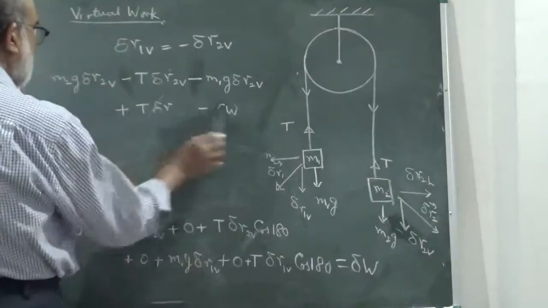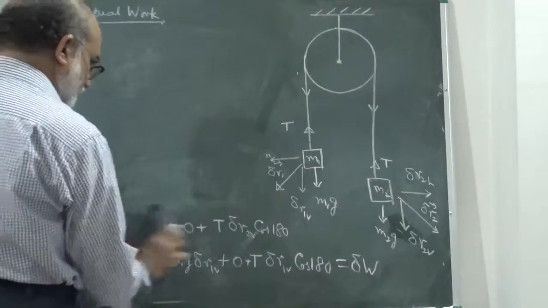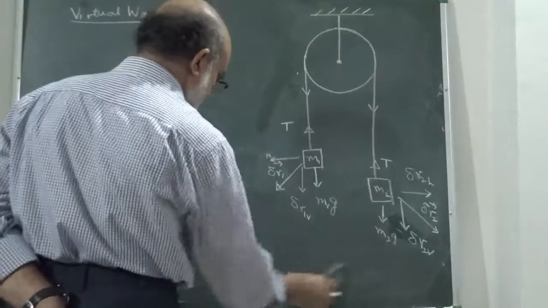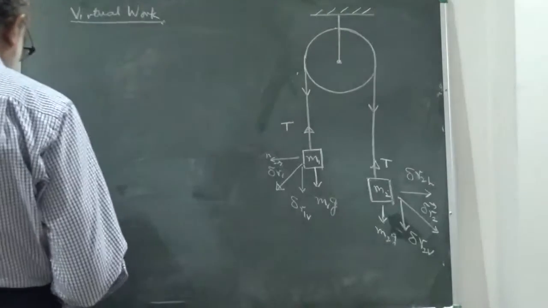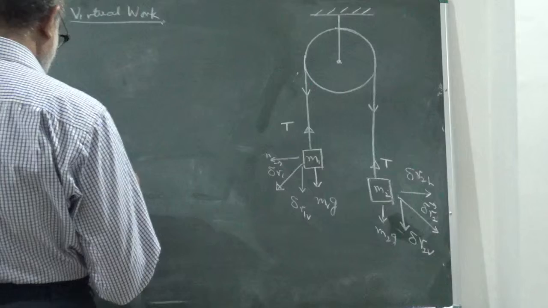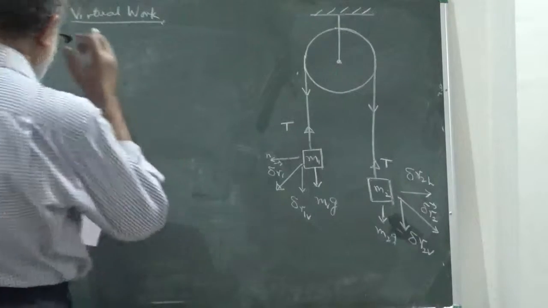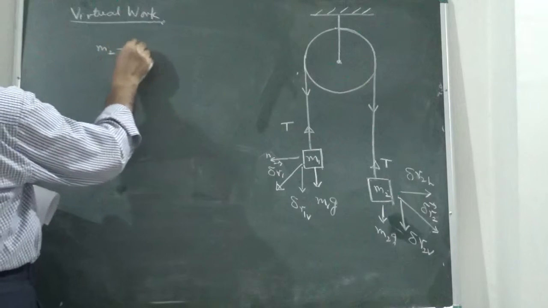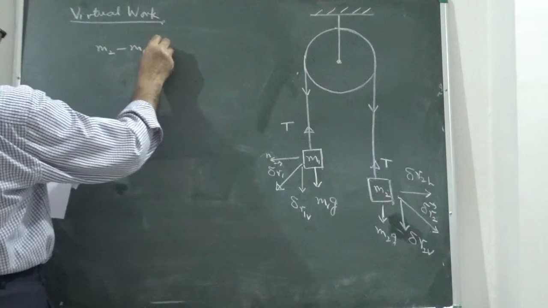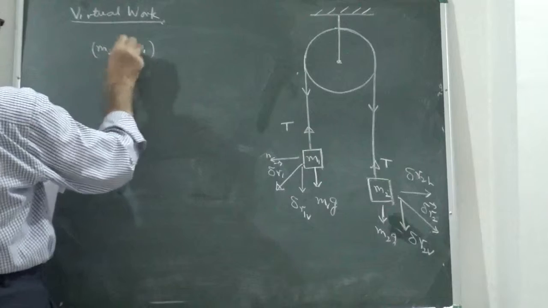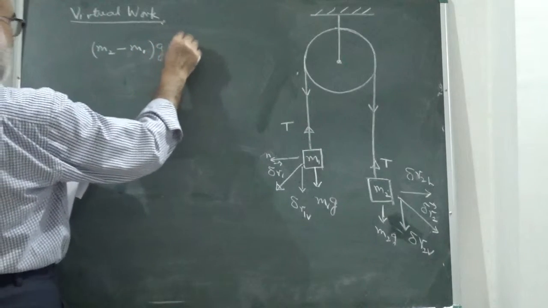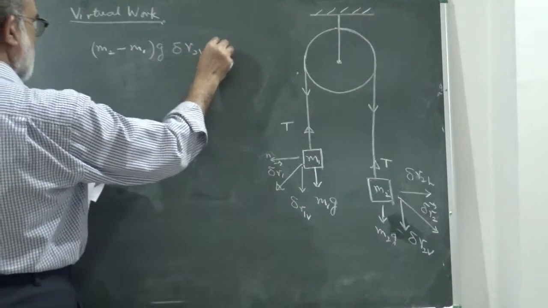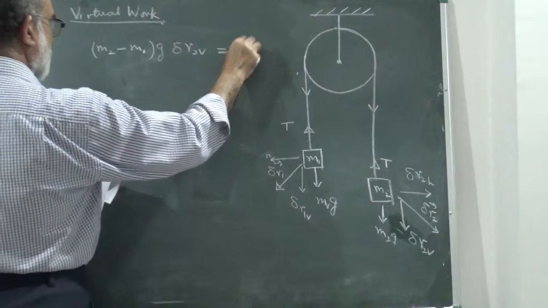Now the question of motion. In equilibrium we got (M2 minus M1)G delta R2V equal to 0.